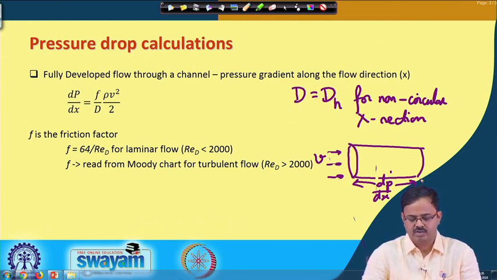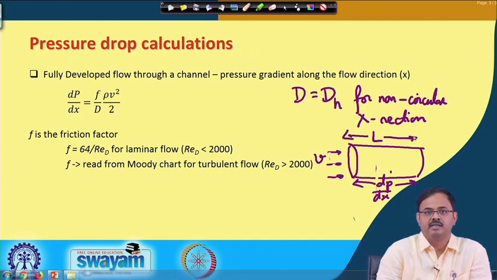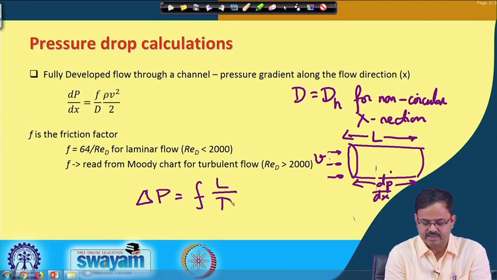All right. So, if the length of this pipe is L, then what will be the total pressure drop? The total pressure drop, which is delta P, therefore, is going to be f L by D_H or L by D, rho v squared by 2.